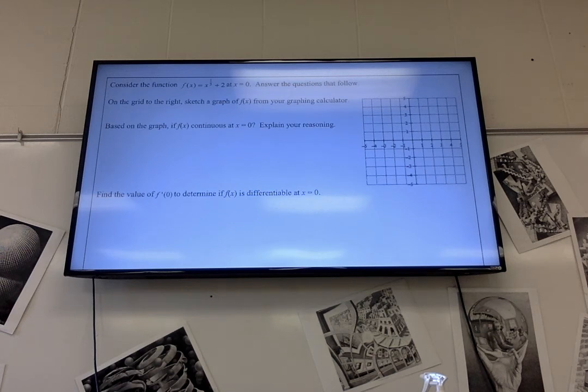And if you want your window to match this graph, you could change the window from negative 5 to 5. You can set it the same as this grid. Then what do I press after that?